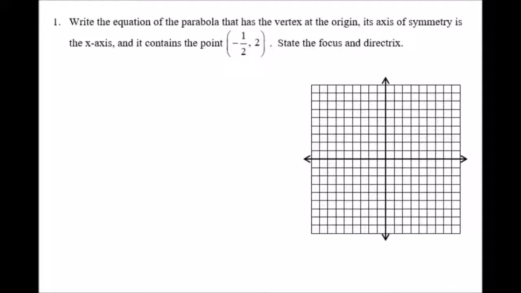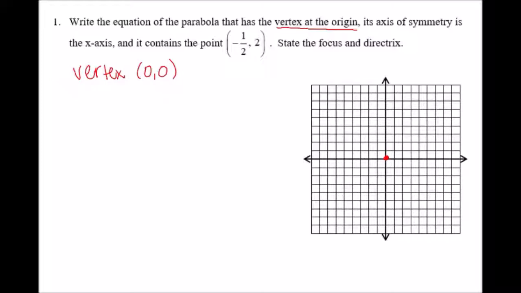First problem says, write the equation of the parabola that has the vertex at the origin, its axis of symmetry is the x-axis, and it contains the point (-1/2, 2). Then state the focus and the directrix. So, we are told that the vertex is the origin, which is (0, 0).